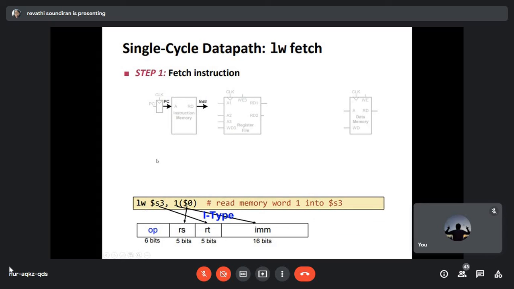So first is fetching the instruction. Your program counter will tell you the address of the current instruction. Based on the information from the program counter, you get the memory address and the instruction data.